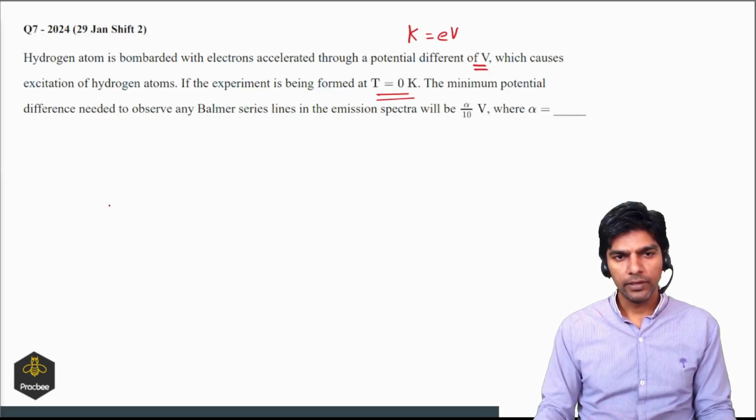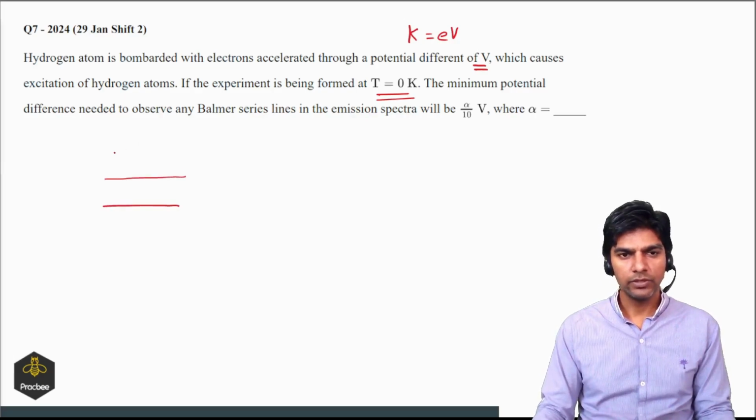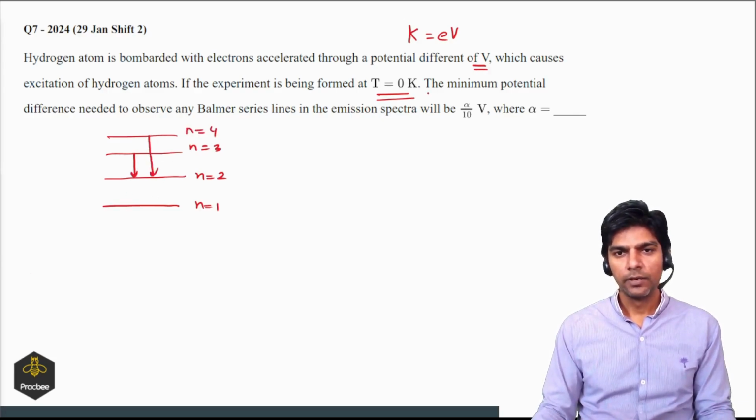In case of Balmer, the electron jumps from a higher energy level to the first excited state. So this is n equals 1, n equals 2, n equals 3, n equals 4. That is the first line of the Balmer series, and this is the second line.